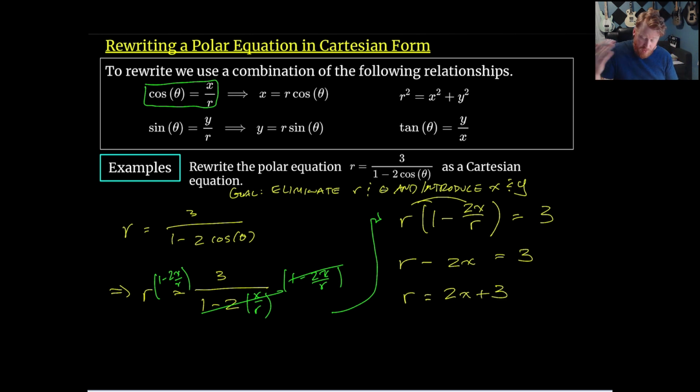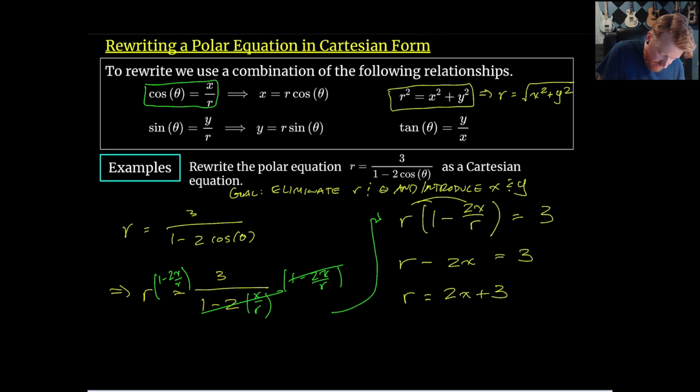And now I need to get rid of this r and turn it back into an x and a y. I have this relationship here, which also tells me that r is equal to the square root of x squared plus y squared. I could use that if I wanted to, but let me actually square both sides. This would be nicer if I squared that side and squared that side.